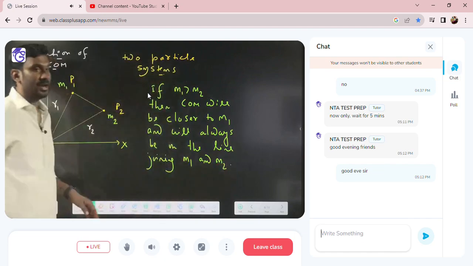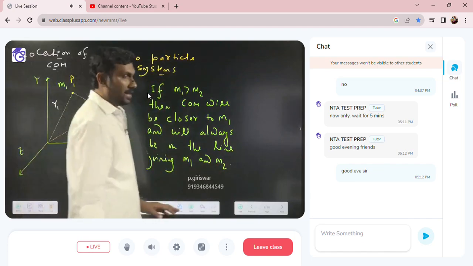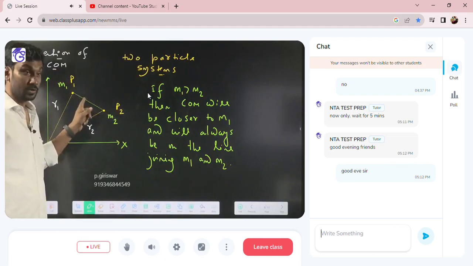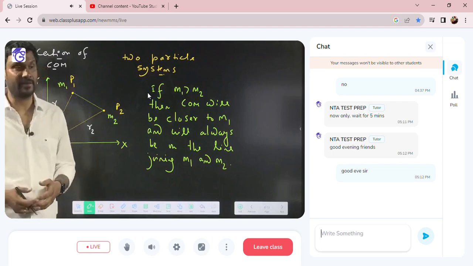So these are very, very important lines conceptually you have to remember, correct? If m1 is greater than m2, center of mass will be closer to m1 because center of mass is always closer to the heavier distribution of masses.